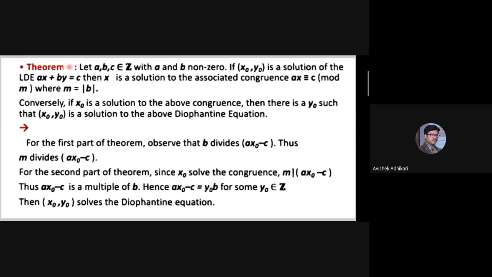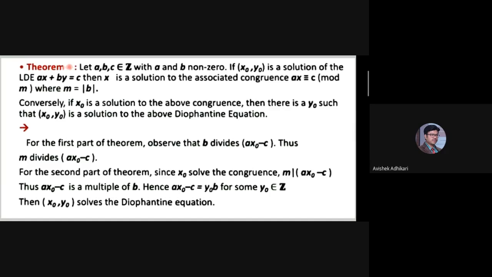Then x0 is a solution to the associated congruence ax congruent to c modulo m, where m is the modulus of b. Conversely, if x0 is a solution to the above congruence, then there is a y0 such that x0 and y0 are a solution to the above Diophantine equation.